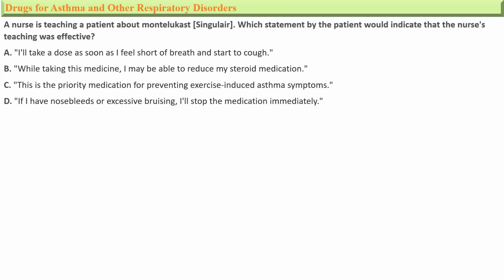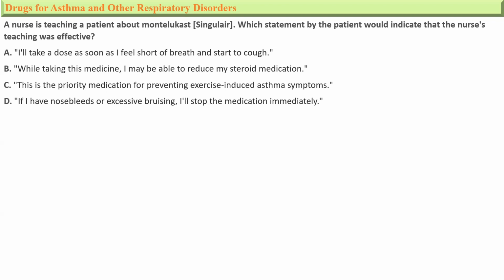A nurse is teaching a patient about Montelukast, Singulair. Which statement by the patient would indicate that the nurse's teaching was effective? The answer is B. Montelukast is an anti-leukotriene agent.